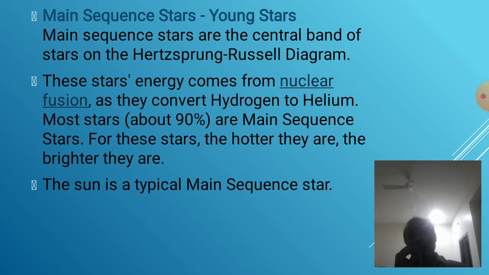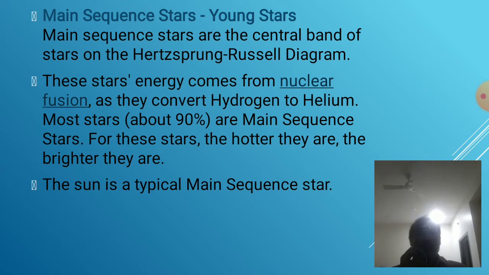So now understand about the main sequence star. What are the main sequence stars? Main sequence stars are the young stars. Main sequence stars are the central band of stars on the Hertzsprung-Russell diagram or HR diagram. In the HR diagram, the band drawn from top left to bottom right is nothing but the main sequence stars, or dwarf stars or young stars.